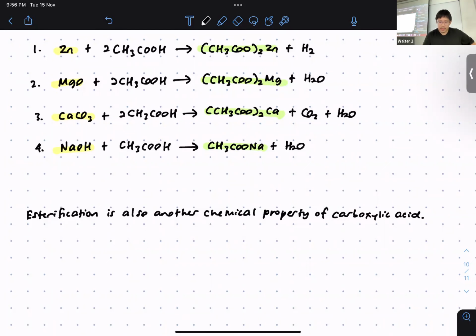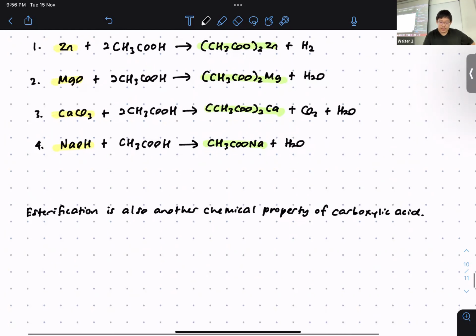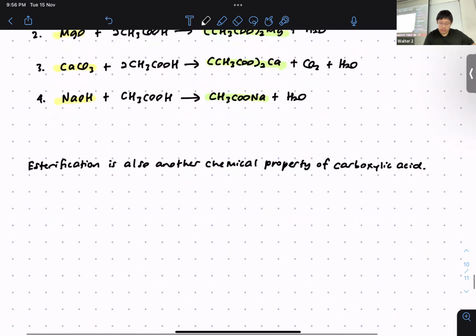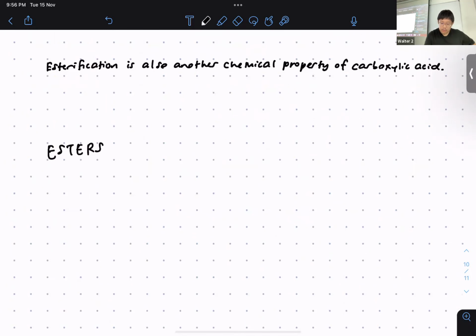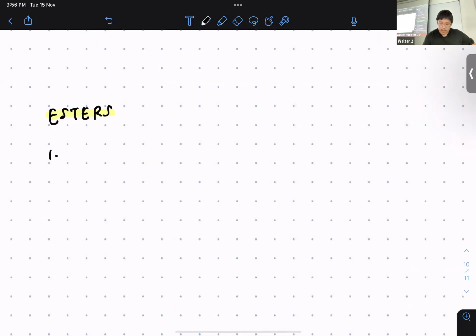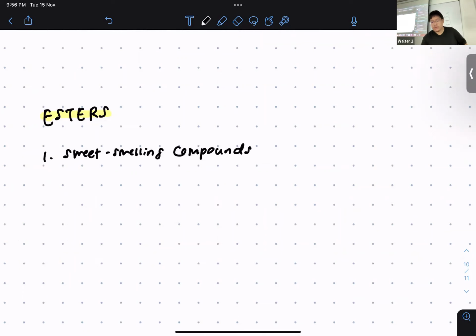Okay, then one more thing. The last one will be esters. So what are esters? Esters are sweet smelling compounds, or nice fragrant compounds.